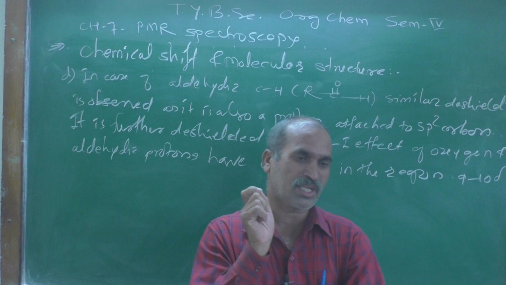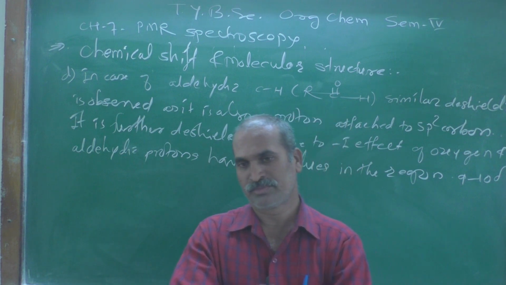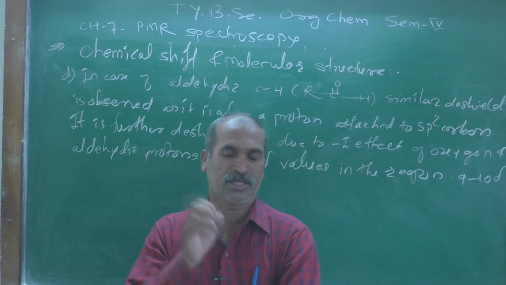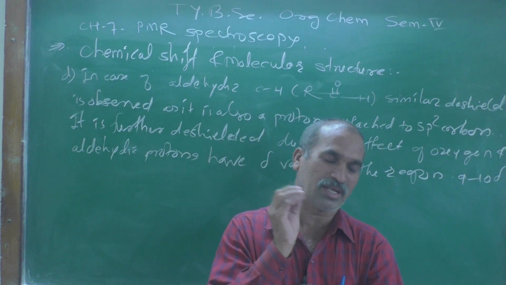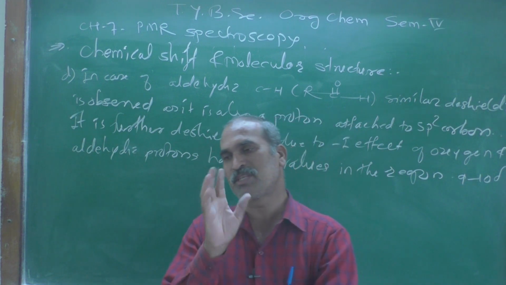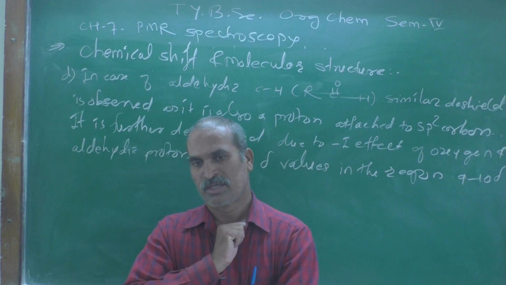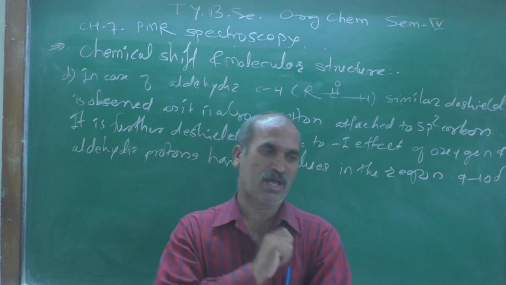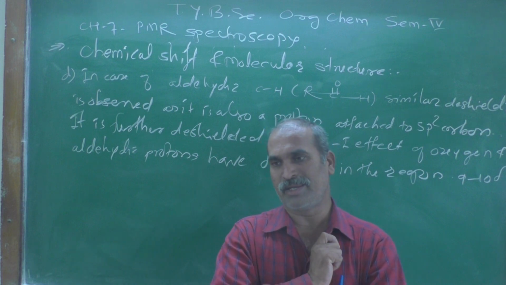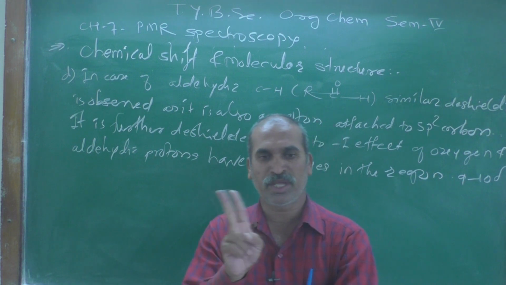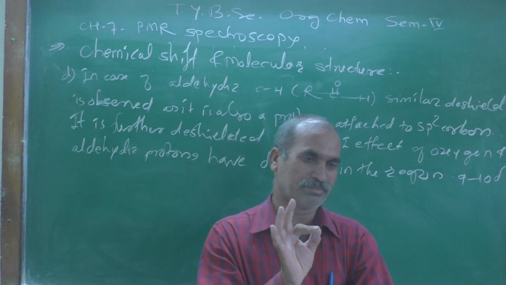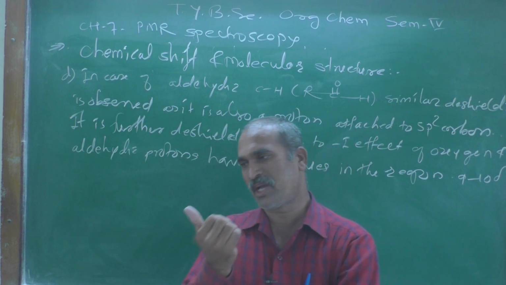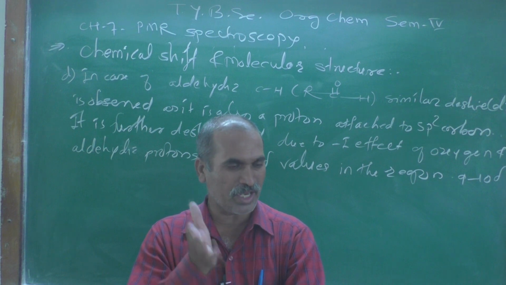That's why, if an aldehyde group is present, the chemical shift value is approximately 9 to 10 delta, or you can say ppm, 9.5, 9.7, 9.8.